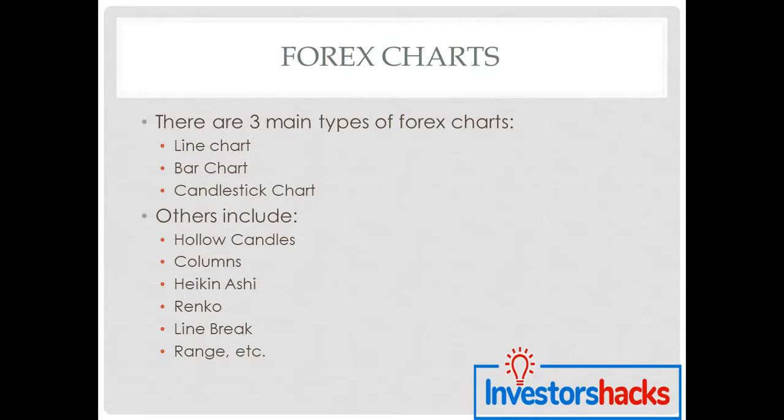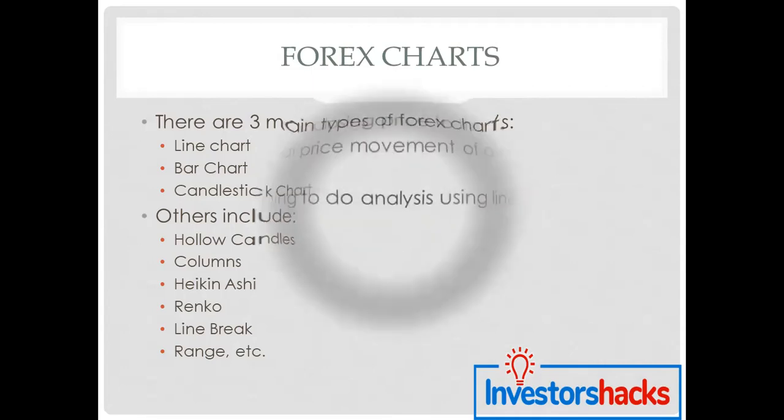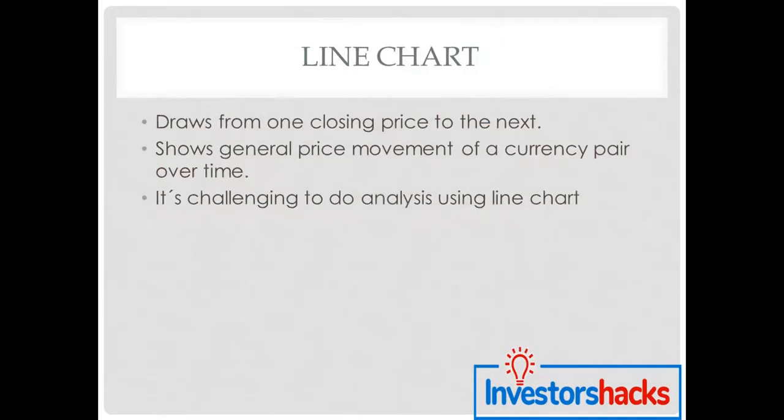Okay. So other Forex charts include horizontal candles, columns, Heikin-Ashi, Renko or Kagi-Renko, line break, range, etc. As I said, there are a couple of them, but let's look at the line chart.